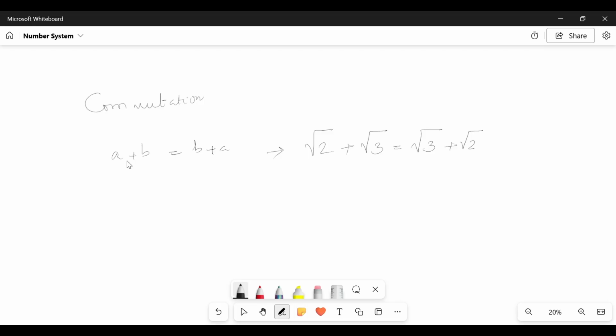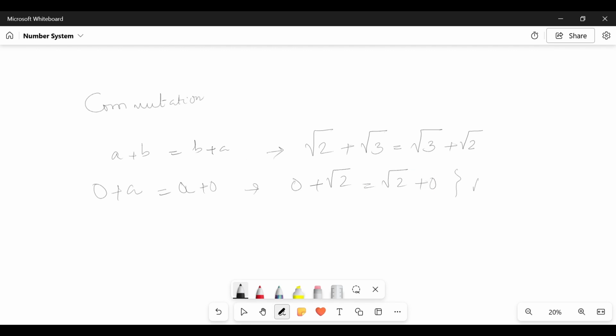Similarly, if we go by the law of additive identity, anything that has 0 added to it would not change the identity of the number. So 0 plus square root of 2 is the same as square root of 2 plus 0.